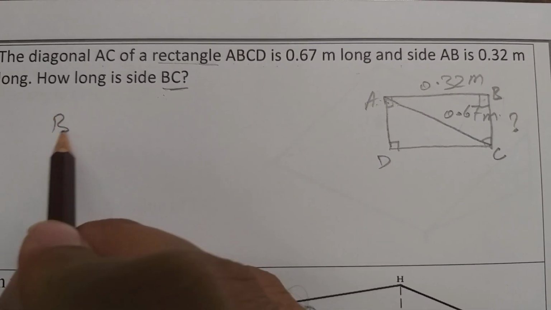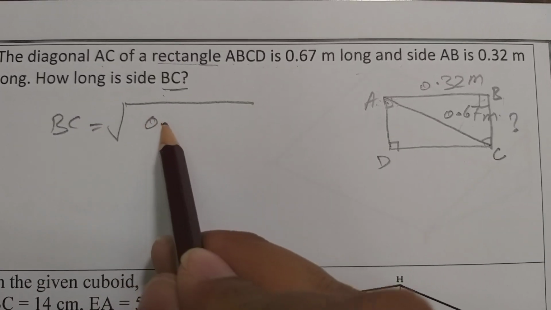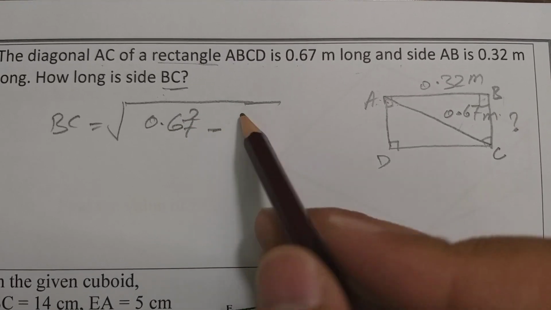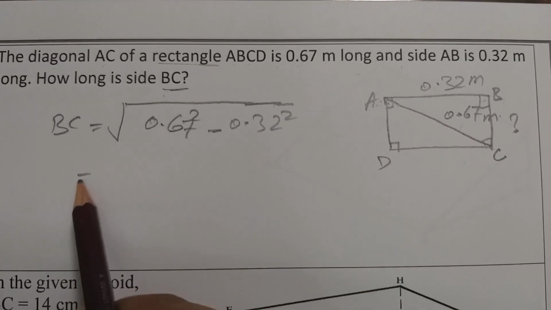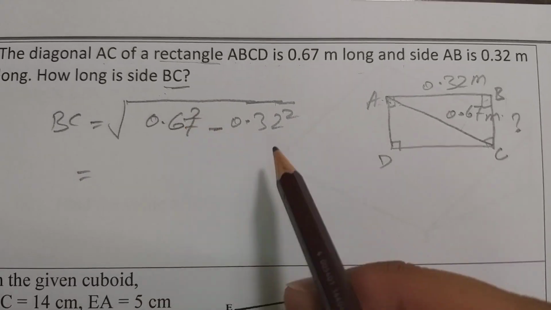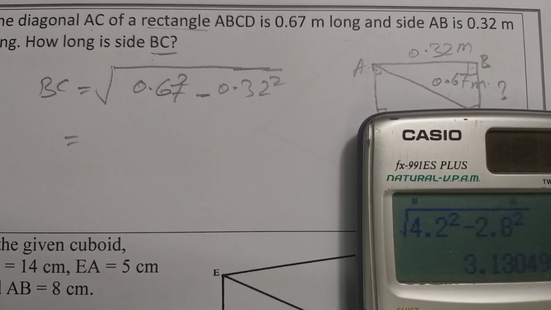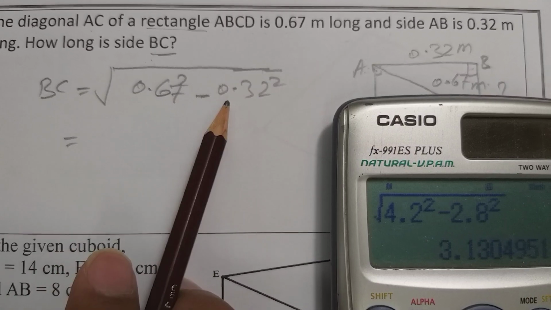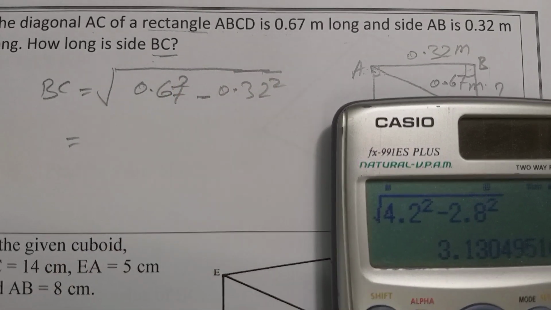So how can you find BC? BC equal the longer side square, because the longer side is given, minus the short side square, 0.32 square. So please don't forget to put the square in the formula. If you forget it, you can lose the marks. So be careful, some students just minus the numbers or add the numbers, but before you minus or add you should put the square of the numbers there.